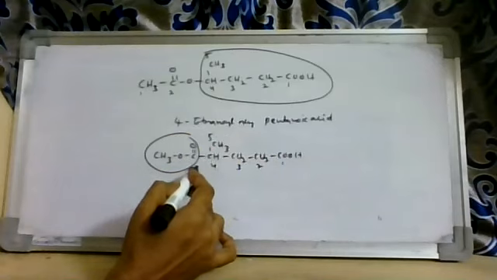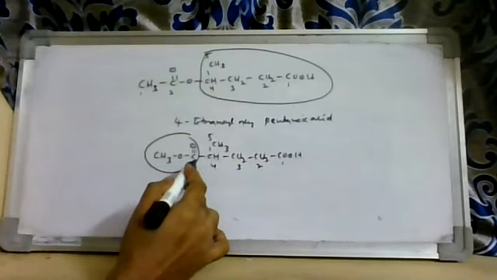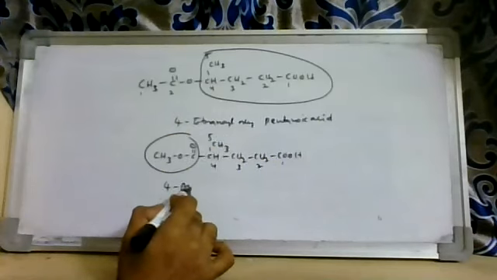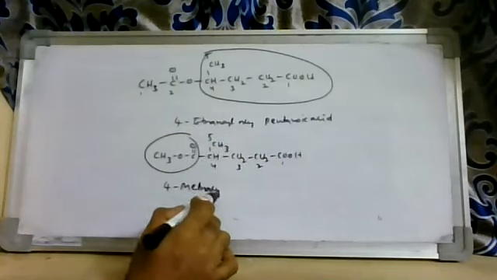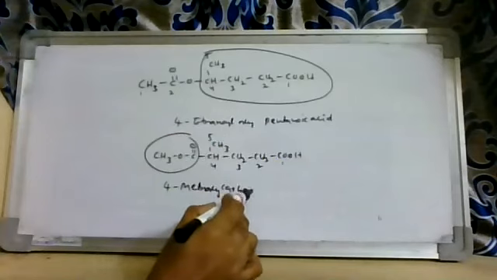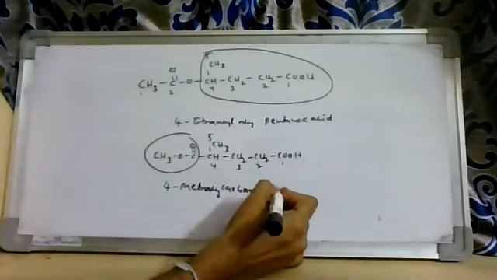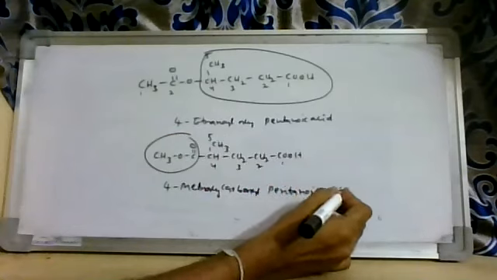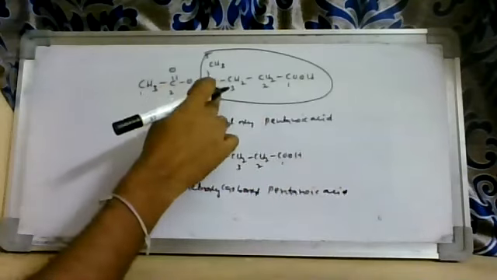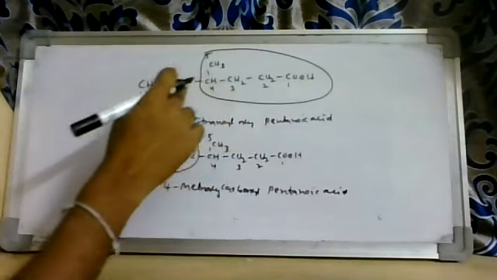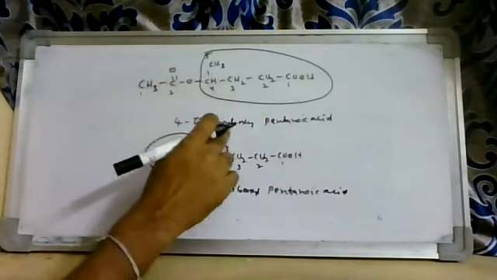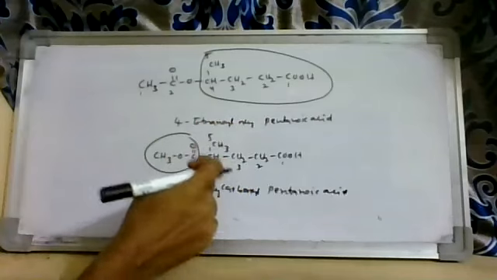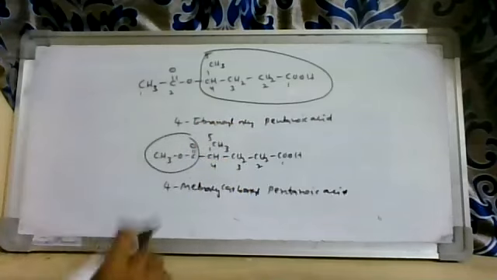In this case, we call it alkoxycarbonyl. So methoxycarbonyl at the 4th position: 4-methoxycarbonyl pentanoic acid. So if oxygen is directly attached to carbon as a prefix, it is called alkanoyl oxy. C double bond O directly attached to carbon is called alkoxycarbonyl.